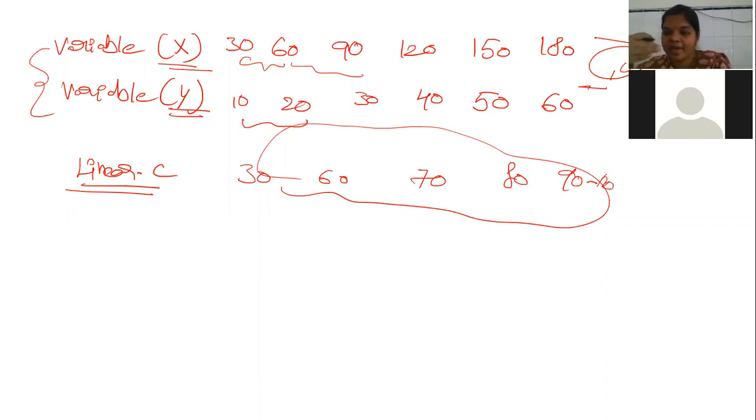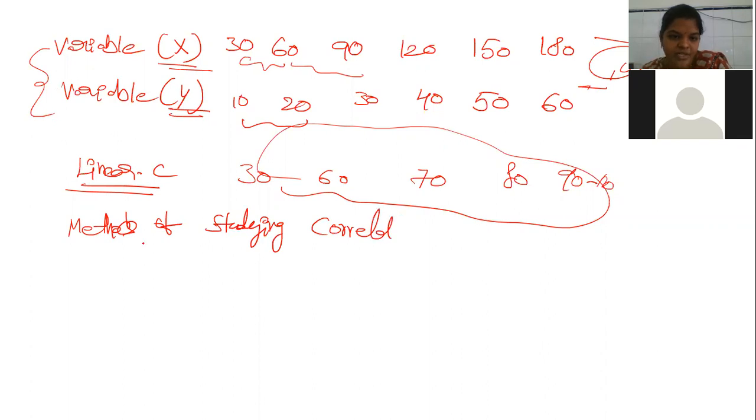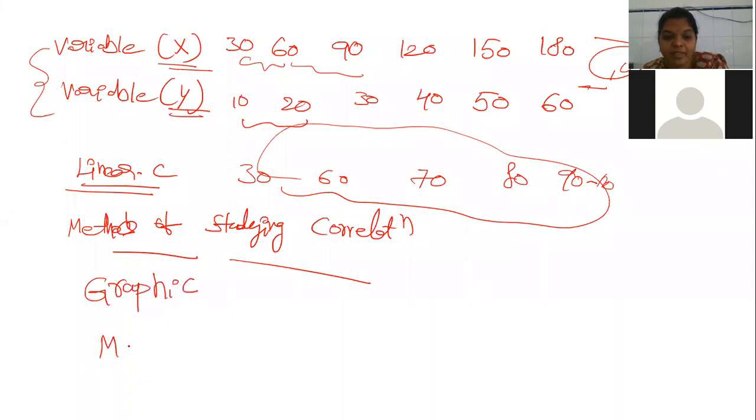Then the next step is methods of studying correlation. How many methods do you have to study about correlation? We may explain all these different types of correlation by using two different methods. First one is the graphic method and the second one is the mathematical method.